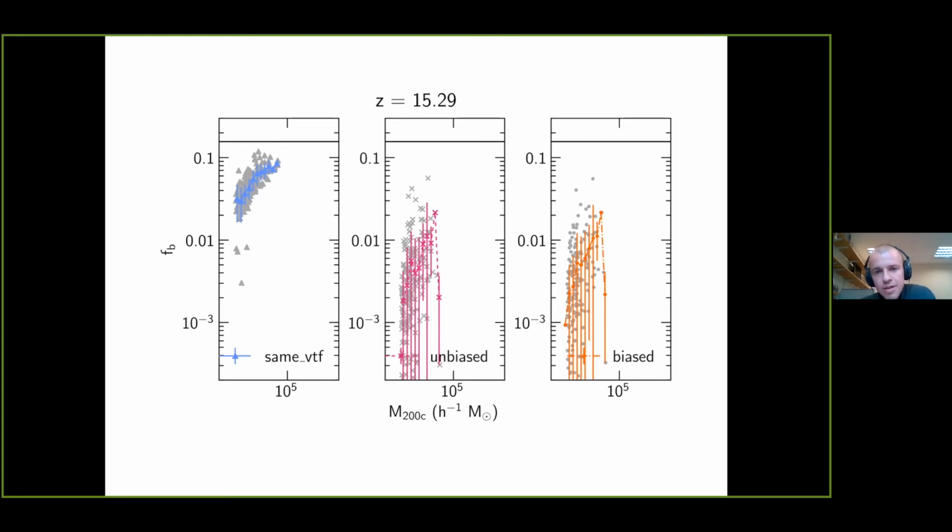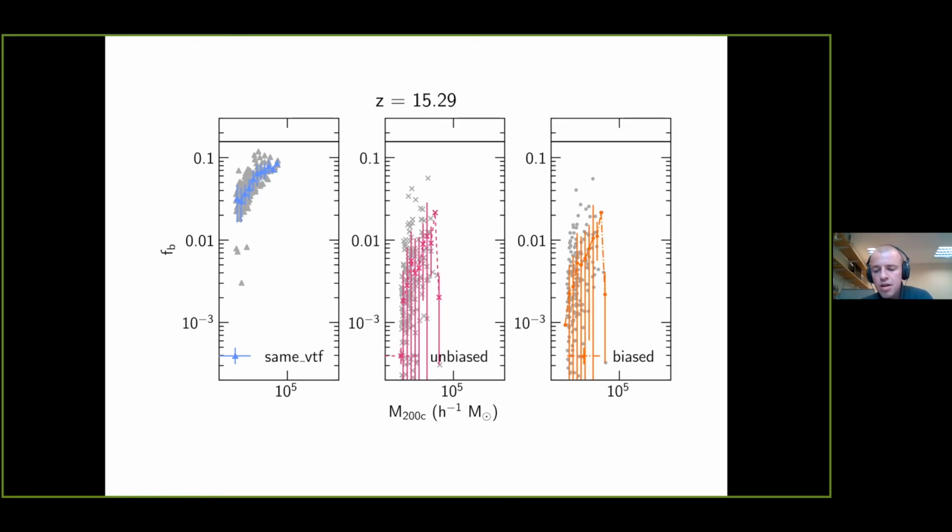Going forward now, this is redshift 15. The biased and unbiased cases are starting to catch up, but are still quite suppressed. These are for halos that have been matched between all the simulations, matching between the control, biased, and unbiased by comparing the particle IDs of halos.